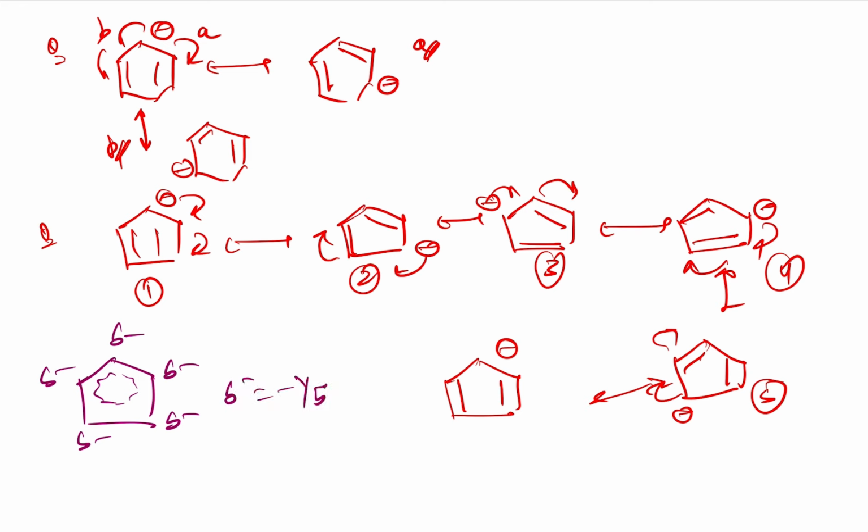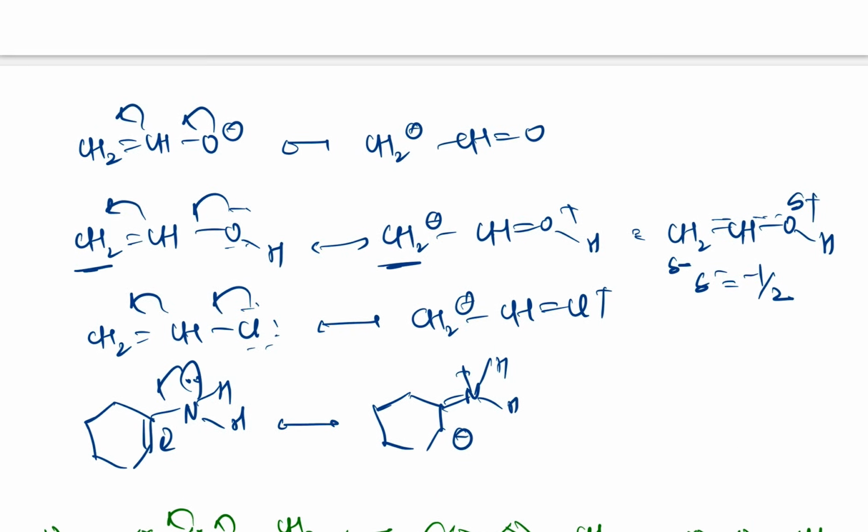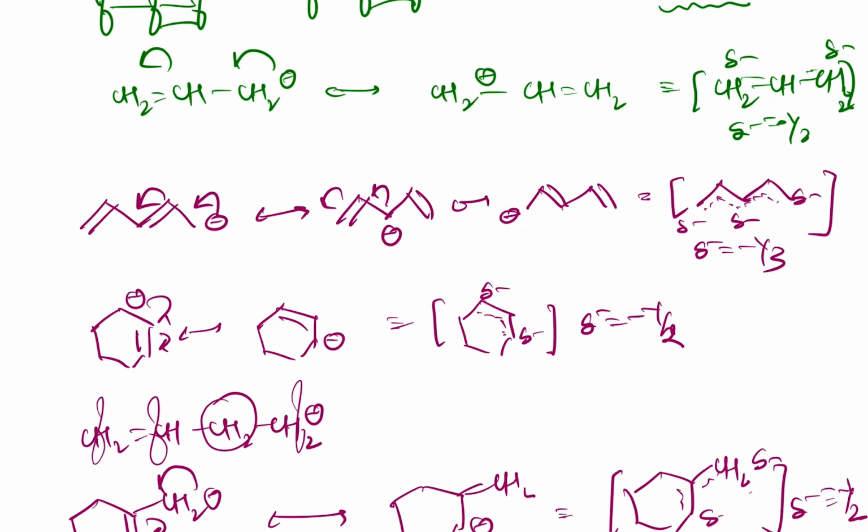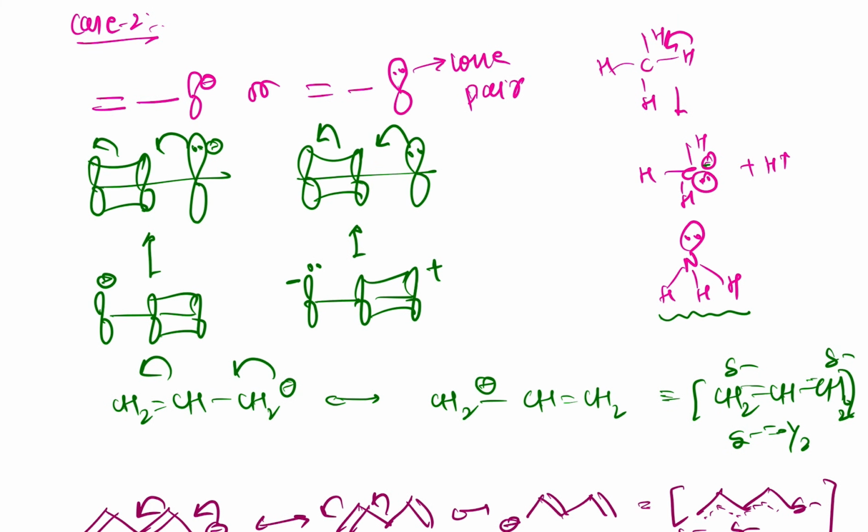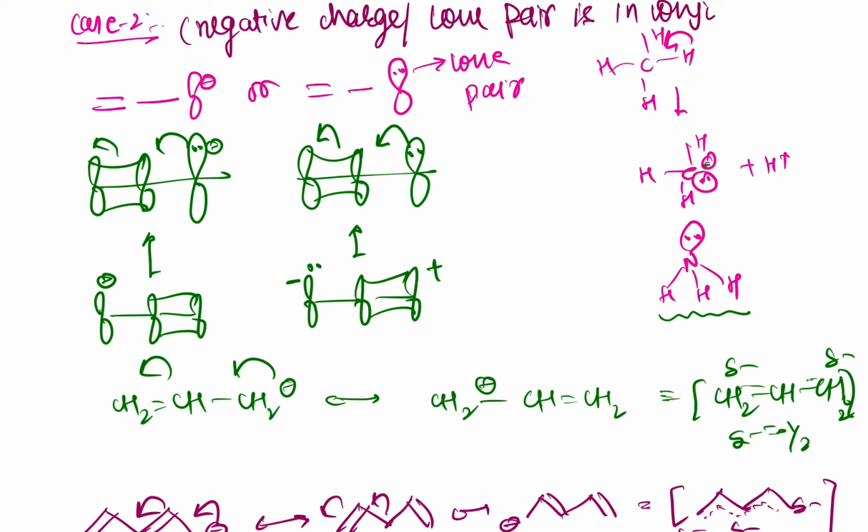So that's how we draw some of the cases of resonating structures where a negative charge is in conjugation with C double bond C. So we could write it as: a negative charge or lone pair is in conjugation with C double bond C.